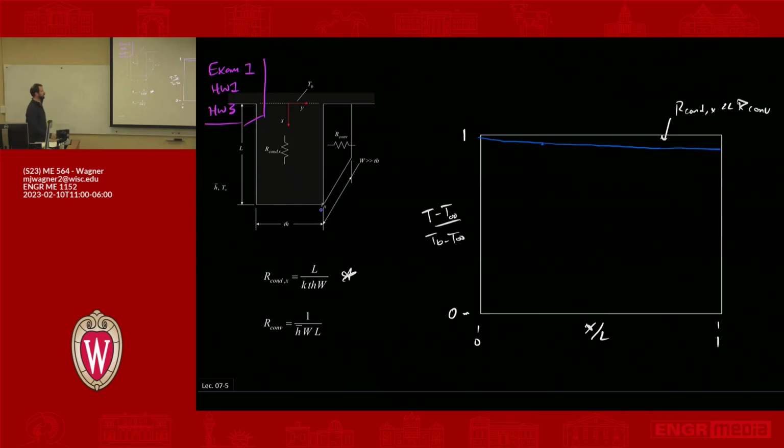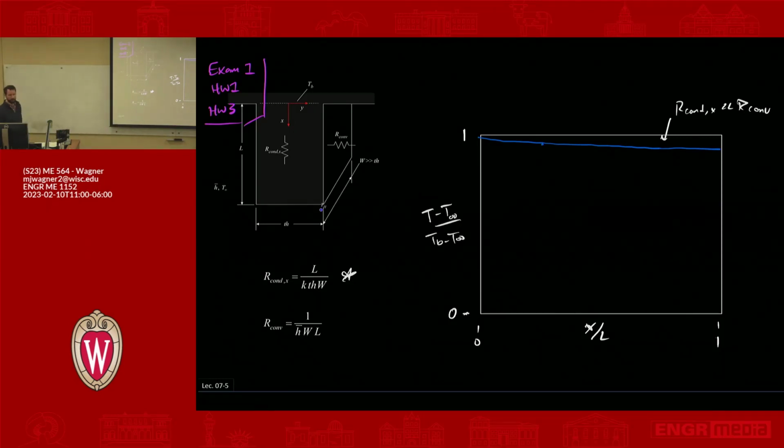Let's think about the other case. What happens when R conduction x is much, much greater than R convection? How would that look? So how would the temperature profile look in the case where heat really struggles to go in the x direction, but very easily convects away?